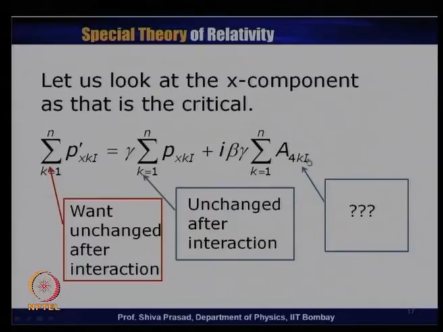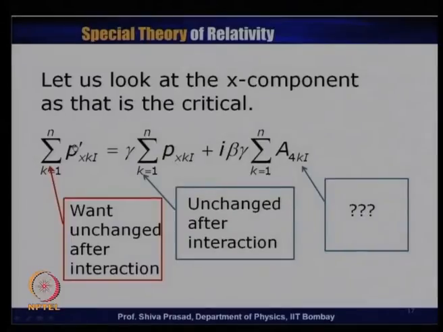If it so happens that after interaction this summation does not change, but this summation changes, then I will not be assured of conservation of the X component, because the sum of P prime would then change. It means after the interaction, the summation of the X component of P prime would be different from the initial value. And that is what we do not want.